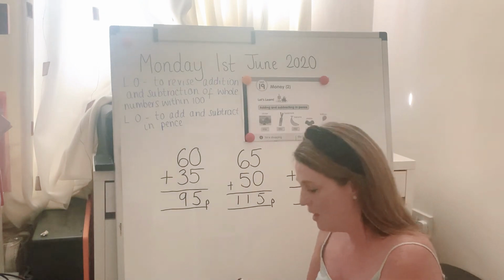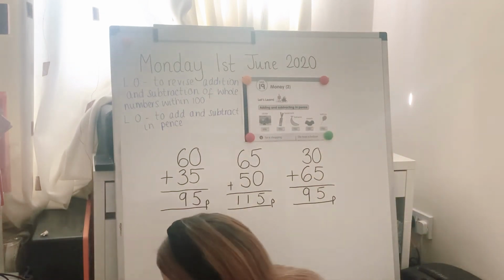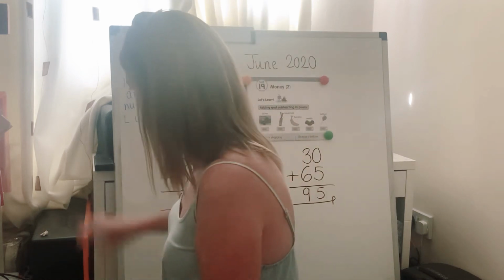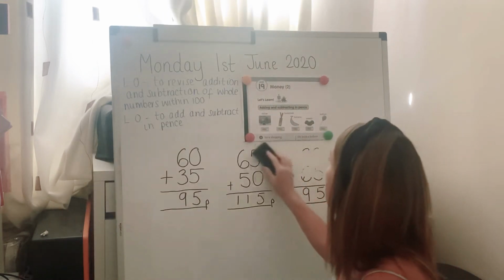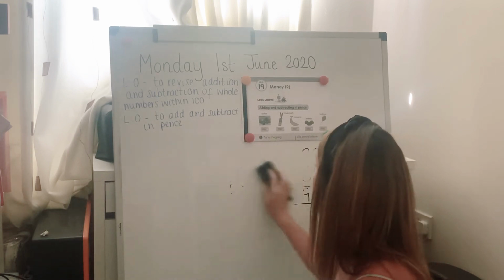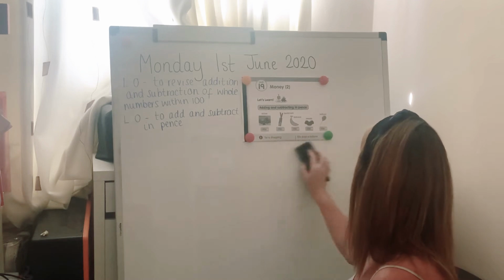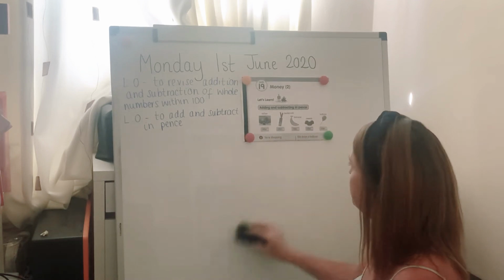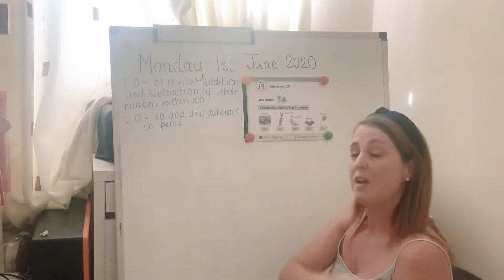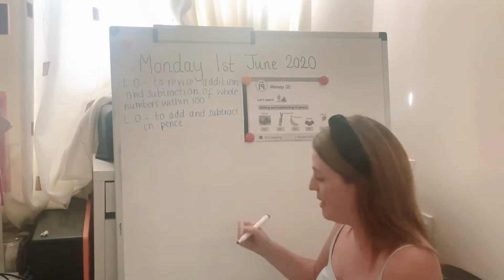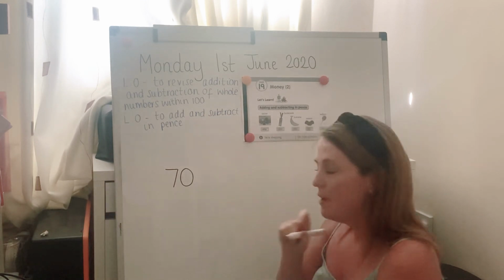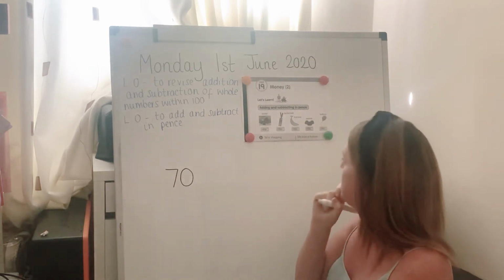Okay then, let's have a look now if you went to the shops and you're spending money, you've got money to spend. Let's have Miss Duthie. Miss Duthie went to the shop with 70p. And she wanted to buy a sticker.